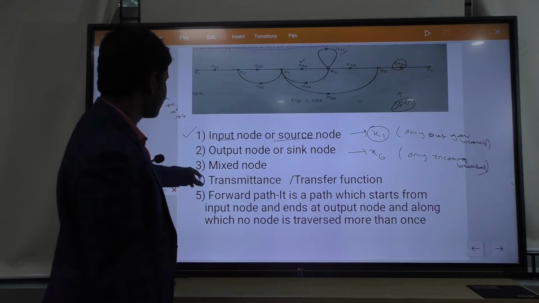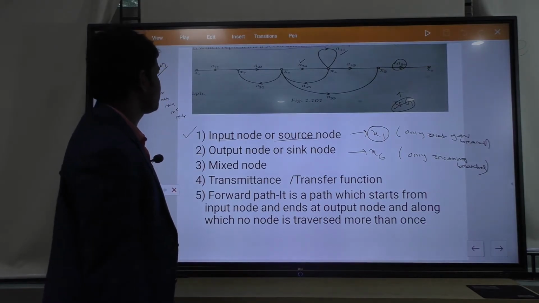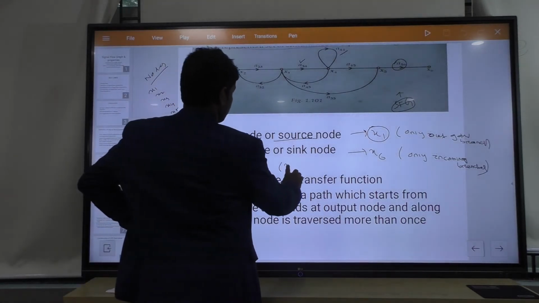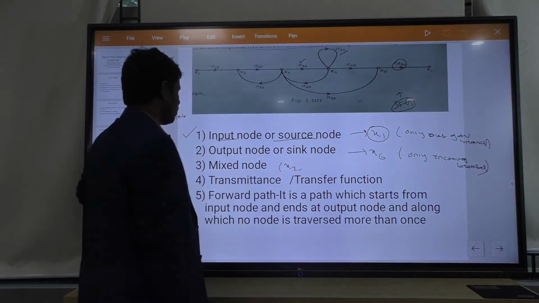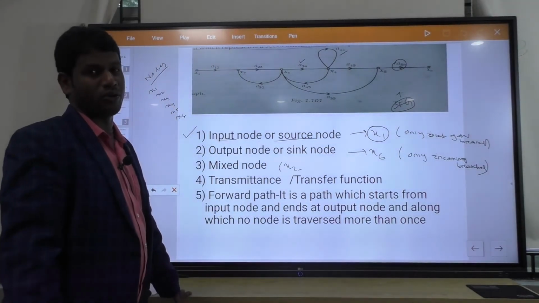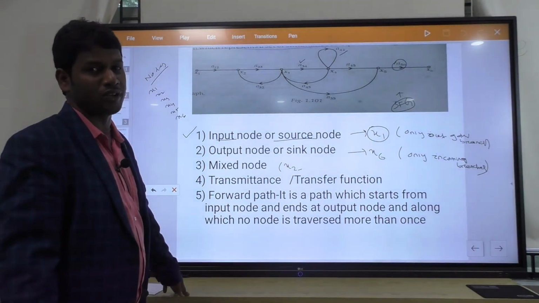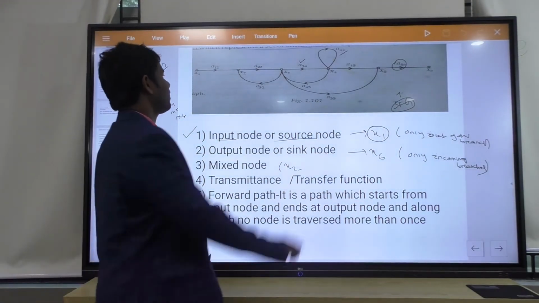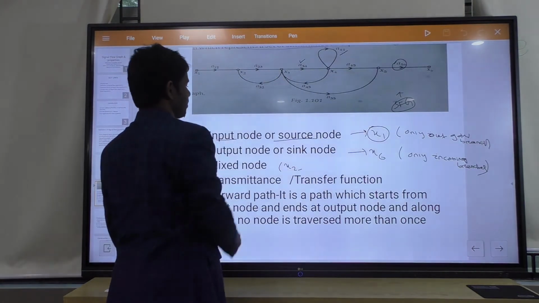Then you see mixed node. What is a mixed node? The node which has both incoming and outgoing branches. The node which contains incoming and outgoing branches is called a mixed node. You see x2 has incoming and outgoing.